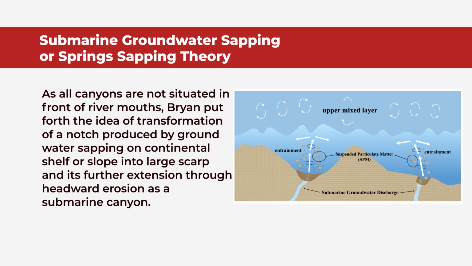As all canyons are not situated in front of river mouths, Bryan put forth the idea of transformation of a notch produced by groundwater sapping on continental shelf or continental slope into a large scarp and its further extension through headward erosion as well as lateral and vertical erosion as a submarine canyon.